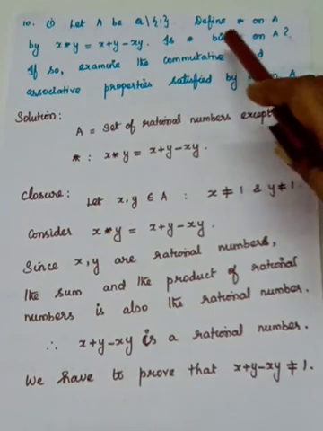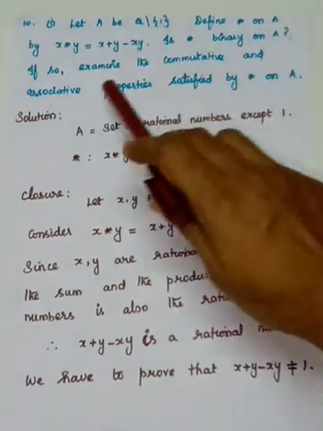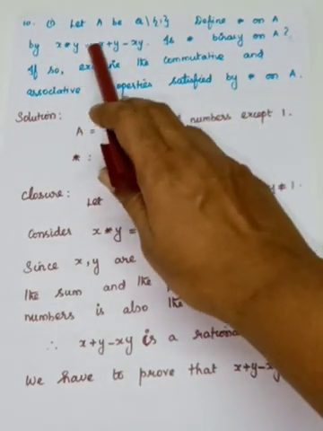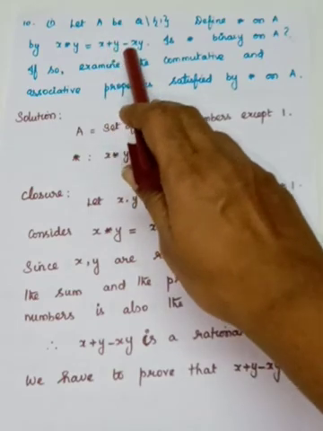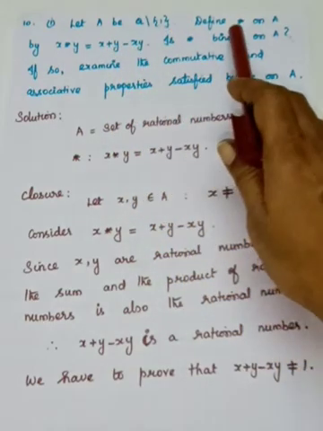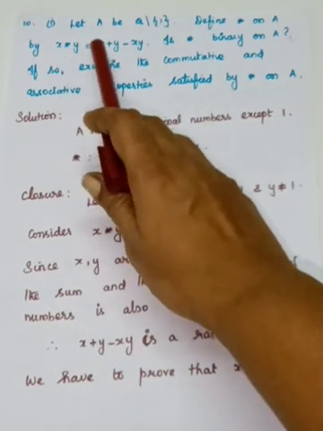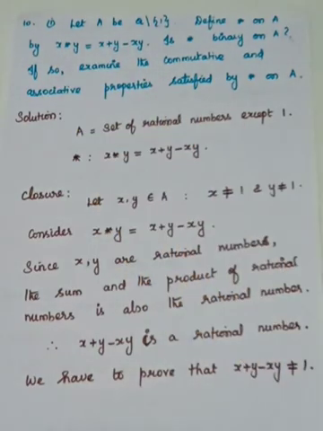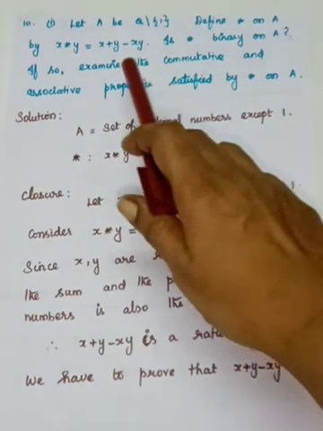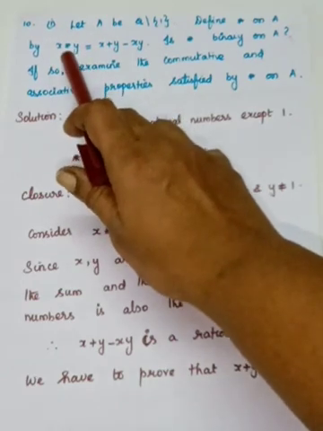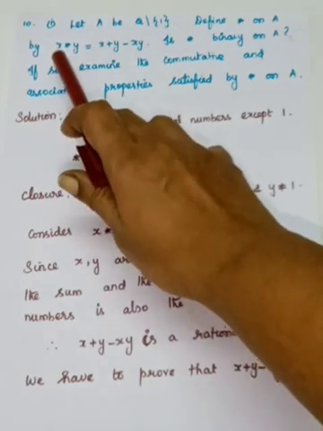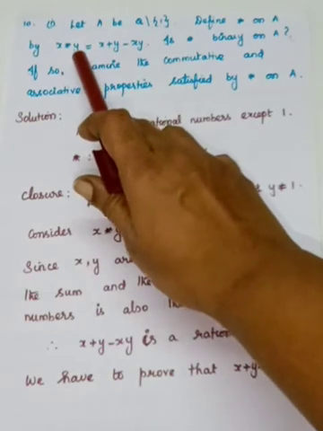Okay, define asterisk on A by x asterisk y is equal to x plus y minus xy. Here the asterisk is defined between the two numbers x and y in such a way that x asterisk y is equal to x plus y minus xy. So first you should know about the definition of asterisk. Now, x is the first number and y is the second number.